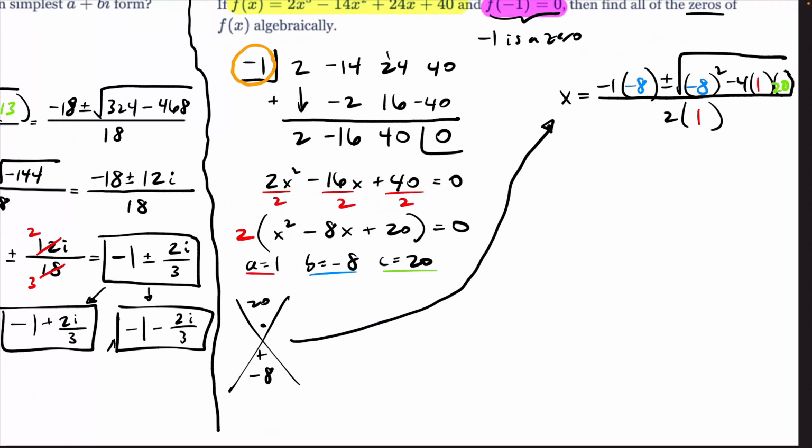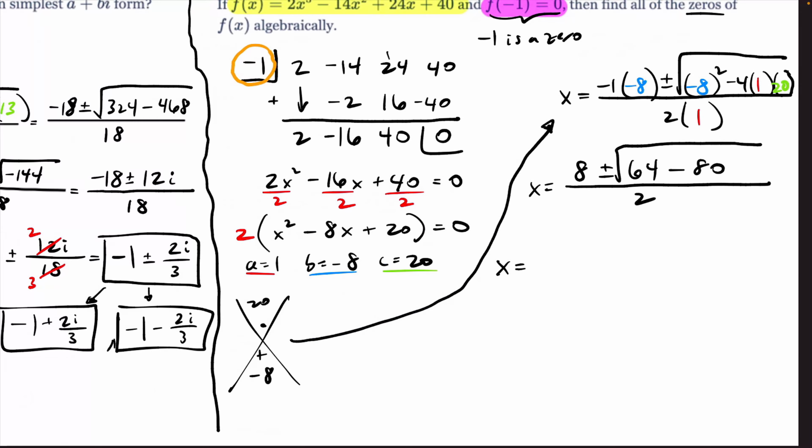Okay, multiply. Negative 1 times negative 8, positive 8. Negative 8 squared, 64. 4 times 1 times 20, negative 80. Subtraction, 64 minus 80.